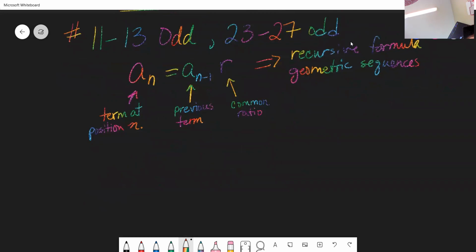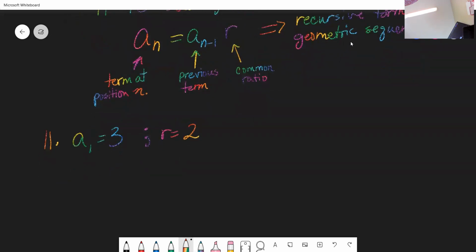So for number 11, Trey, I'll let you start us off here. Number 11, they give us A1. So the term at position 1 is 3. Our ratio is 2. And they want to know the first 5 terms of the following sequence. So they've already given us the first one.